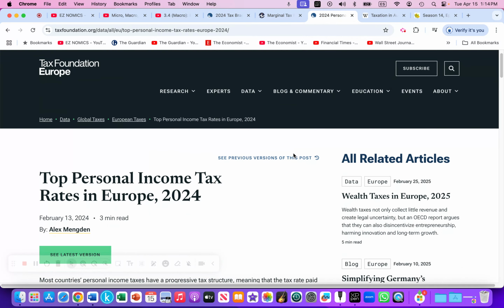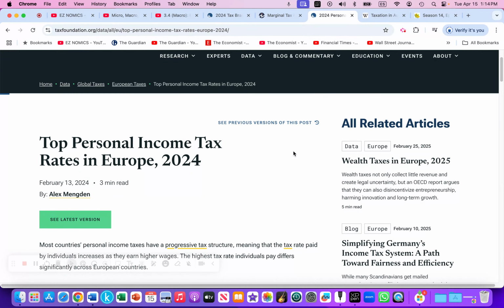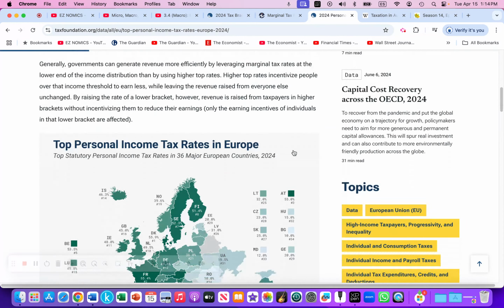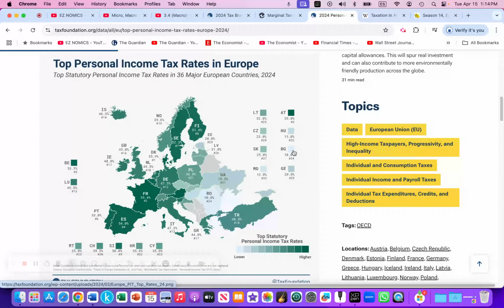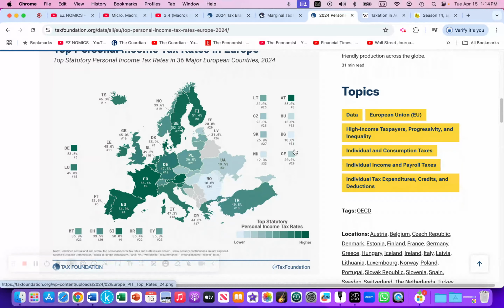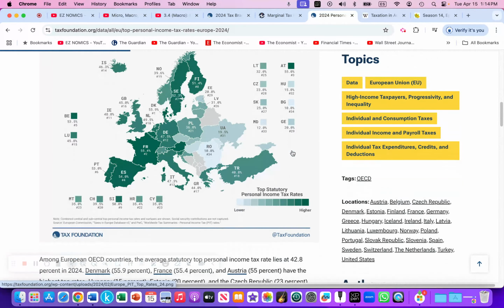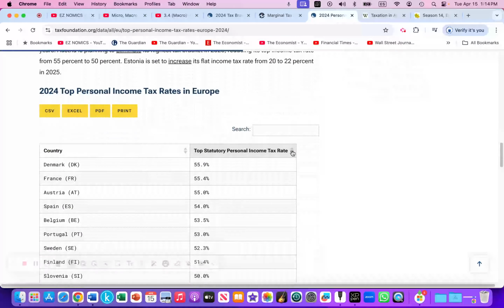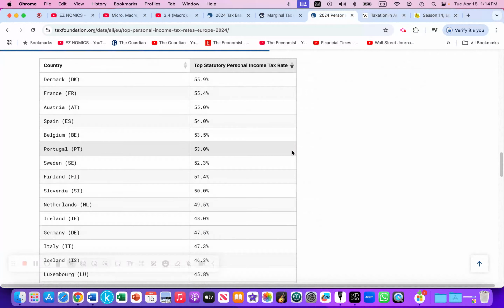So let's compare the US to Europe. Income tax brackets in Europe are relatively high for the top income tax bracket. Here we have the map illustrating this, but it's perhaps easier to see if we look at it like this. Here we have the highest tax bracket in Denmark.